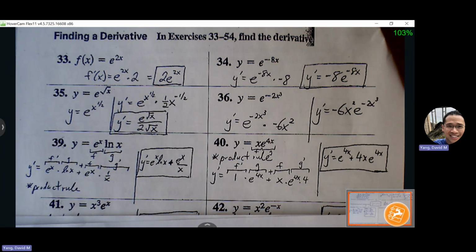Oh, number 40. That 4x is making it difficult. Now, if it was e to the 4x plus 4e to the 4x, then I could make it 5e to the 4x. But that x is getting in the way. What we could do, if you wanted to, is factor e to the 4x out and make it 1 plus 4x. That's fine. You can do that.